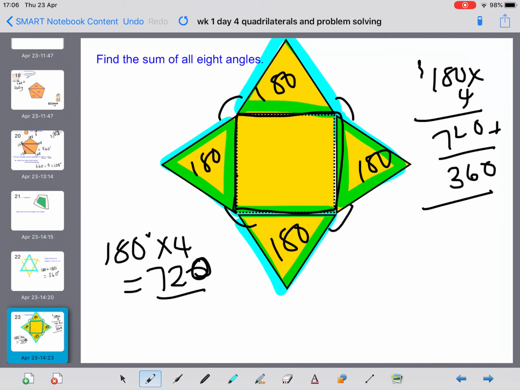They add up to 360, don't they? So you should have 1080. So you've got these 180s, you've got your 360 for your square. Add them all together, you get 1080 degrees.